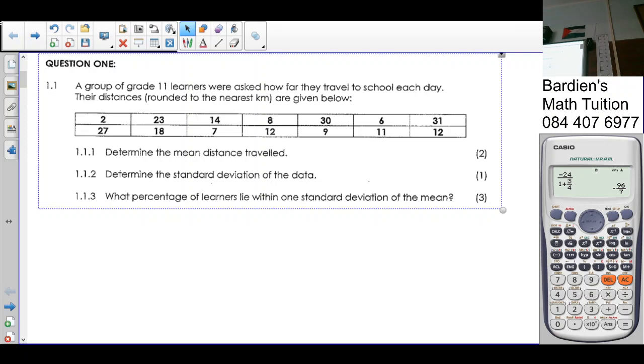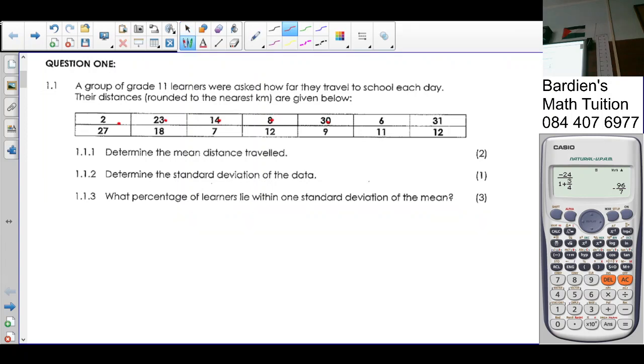The question says, determine the mean distance traveled. Now, there's one of two ways of doing this. It's either going to punch in the calculator, type each number in the calculator and then divide by 14, and we'll get the correct answer.